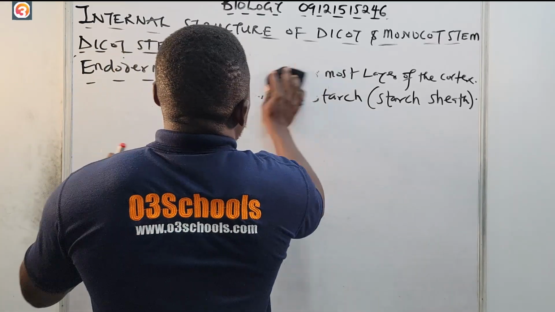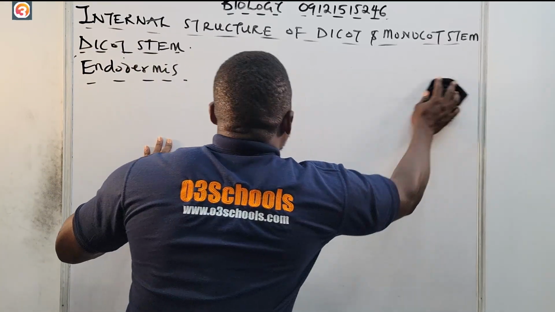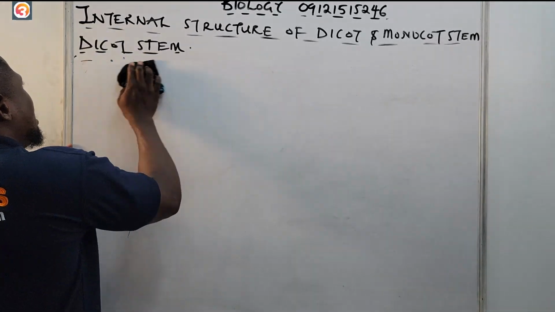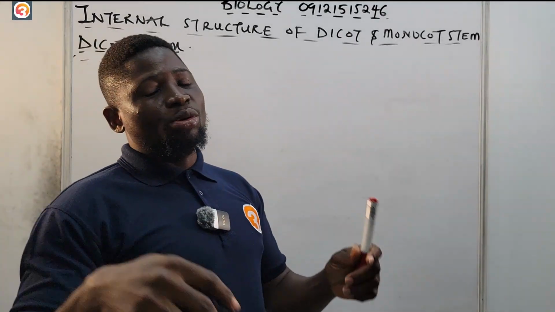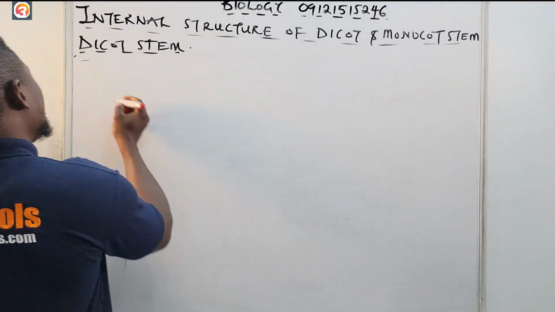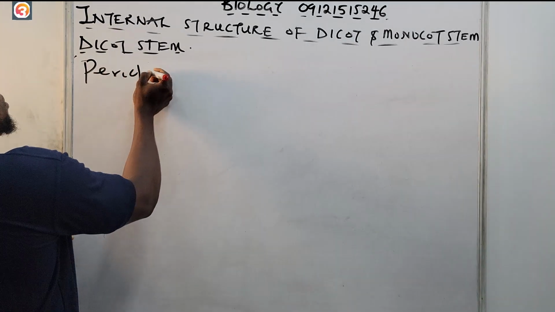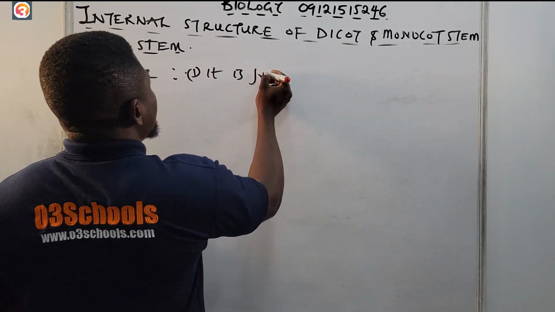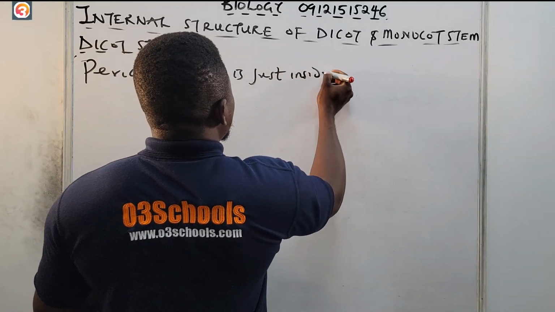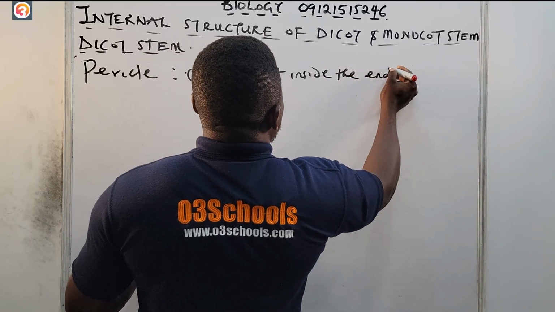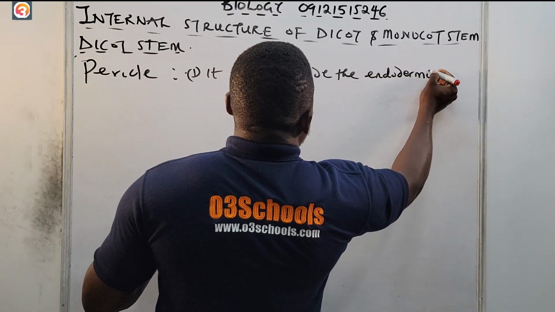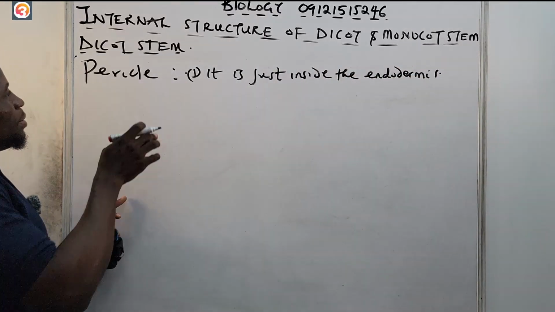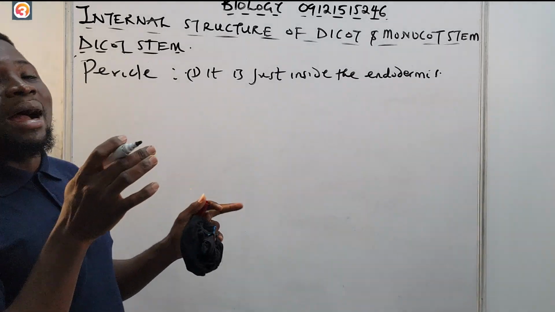That will now take us to the pericycle. The pericycle of the dicot stem is just inside the endodermis. Number one, it is just inside the endodermis. This pericycle contains what we call fibers.